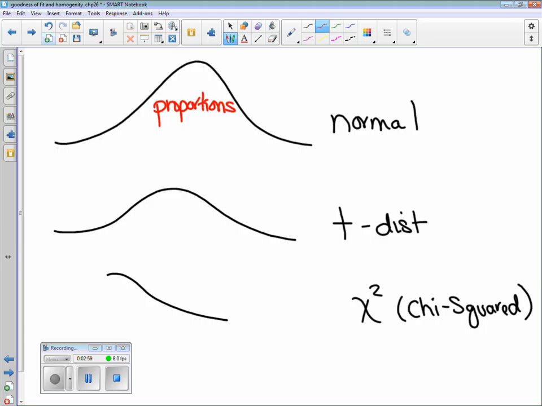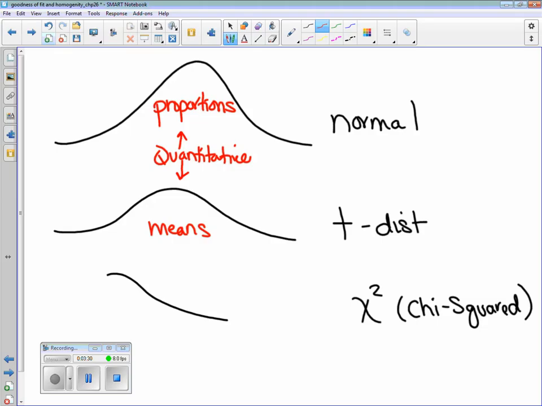Z-scores are using the normal distribution, okay? So normal distributions deal with proportions. How about t-distributions? What kind of statistics are we looking at? Proportions or means, okay? So we're dealing with means here. Both of these things are quantitative data. Would you agree? Both of these are quantitative, measurable.